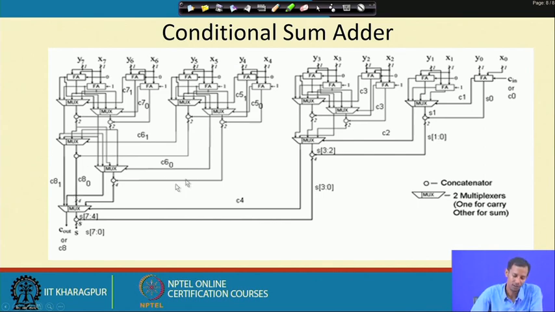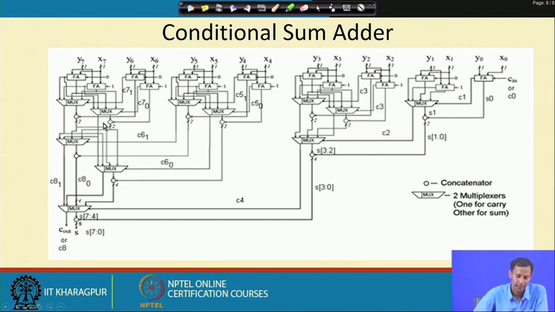Based on this circuit, I get 4 bits from here and another 4 bits from this block. If I concatenate these two, I will get an 8 bit sum and 1 carry output bit. So this is the 8 bit conditional sum adder.